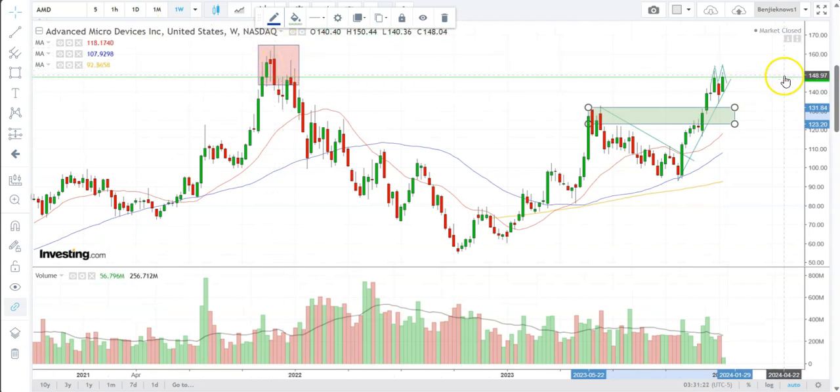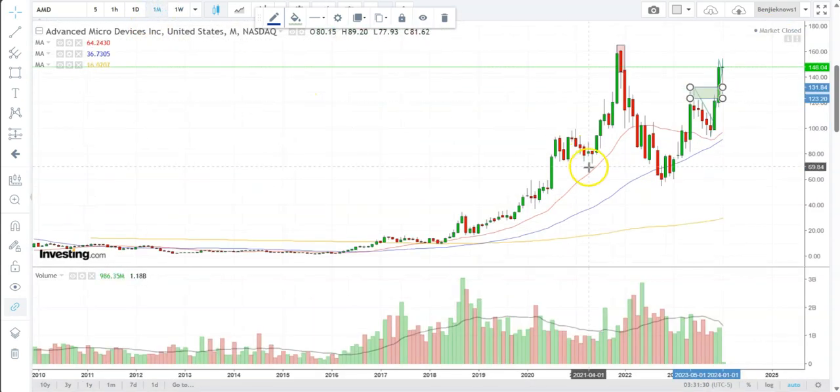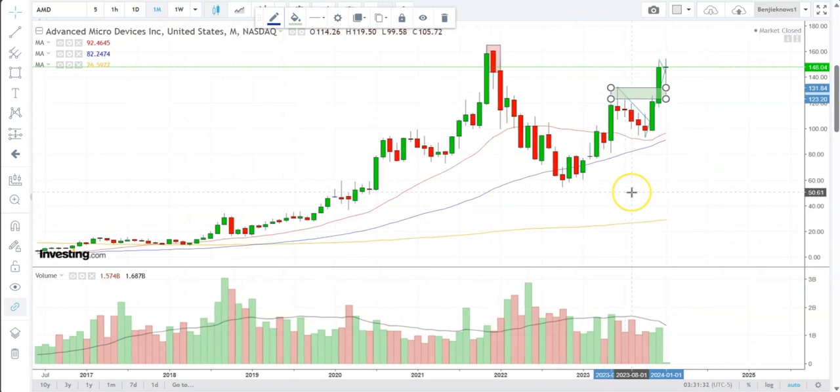On this weekly chart here, any continuation pattern, it will break out and overcome and make new highs. So so far there are no weaknesses yet at this moment, although there's a double top kind of pattern in the daily chart, but let's not jump to conclusions so fast.